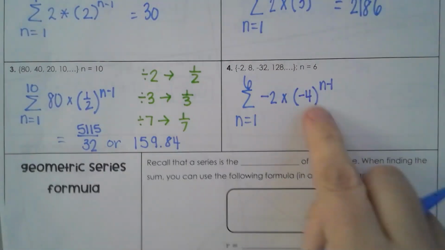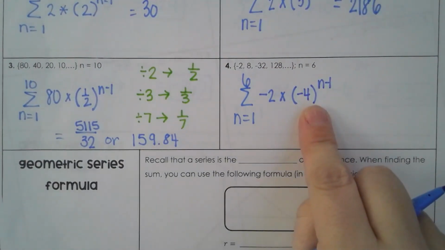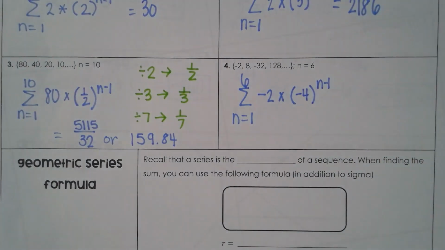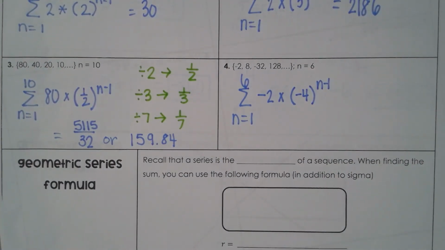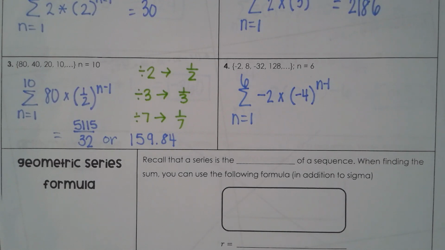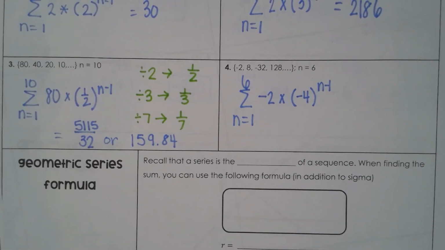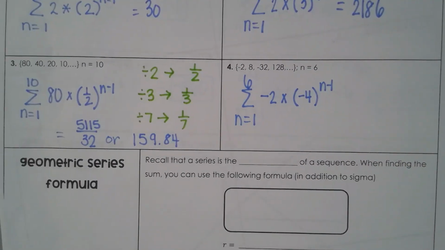If you do not put that in parentheses, you will not get the correct answer. If your R is negative, it has to be in parentheses.